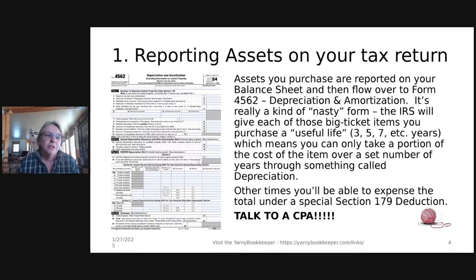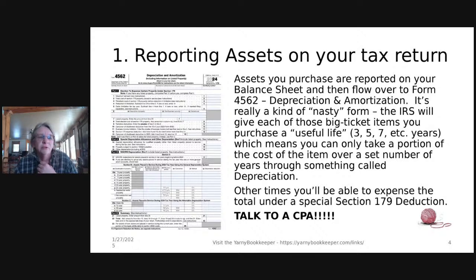So if you bought a $900 sewing machine and the IRS thinks it will last 7 years, you only get to take a deduction of about $128 a year for the next 7 years under something called depreciation. Other times you can take the full amount under a special kind of depreciation called a Section 179 deduction.